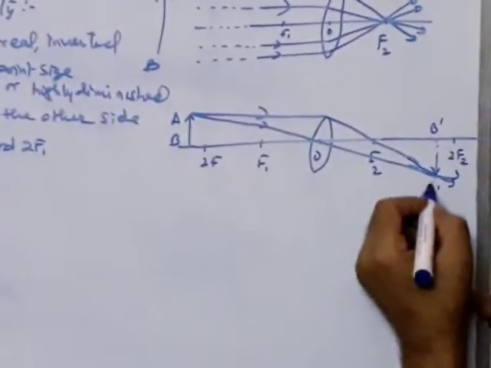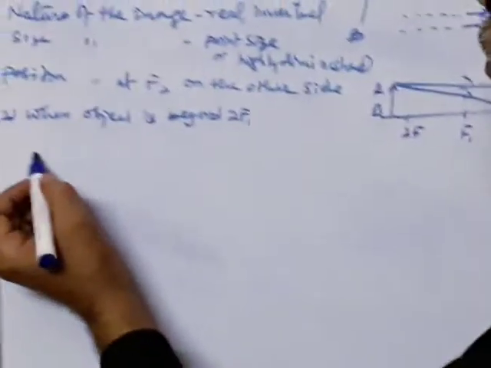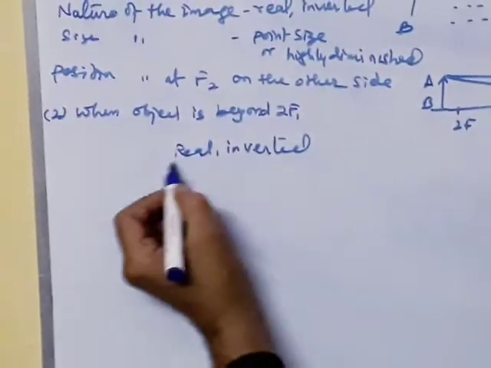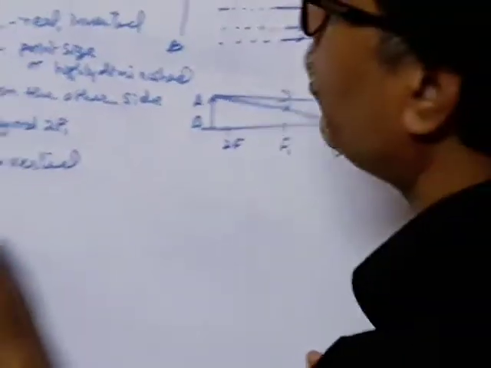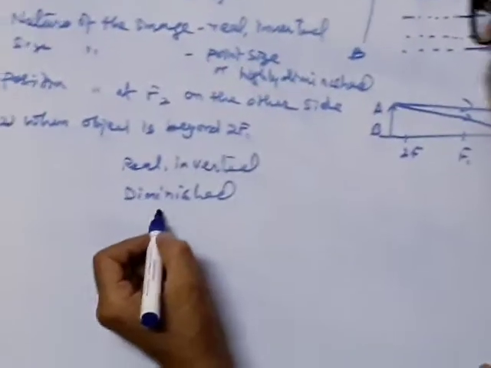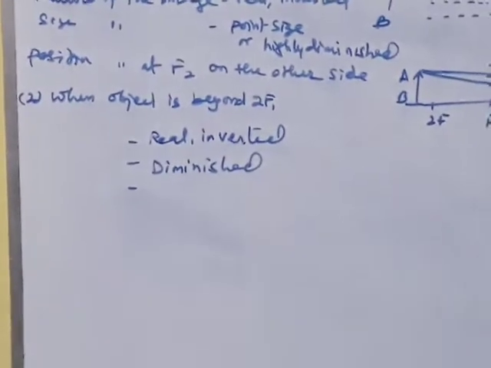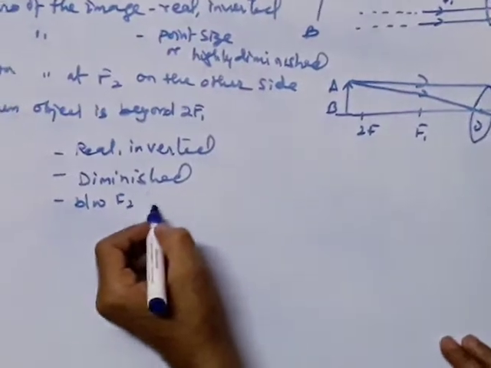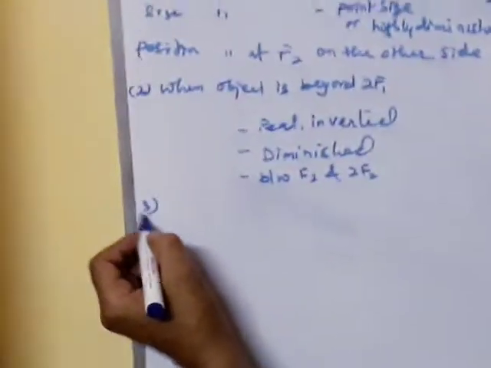What is the nature of the image? The nature of the image is real and inverted. Size of the image is smaller than the object, that is diminished. And the position of the image is between f2 and 2f2.